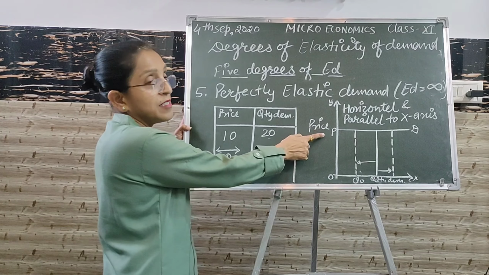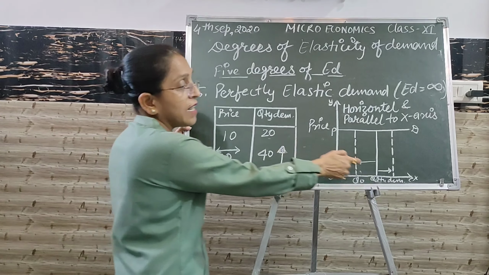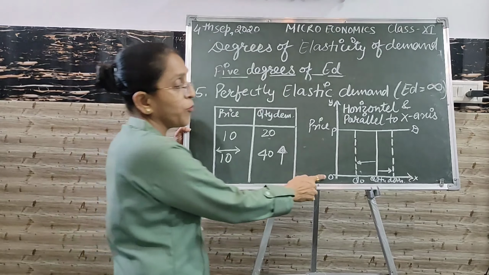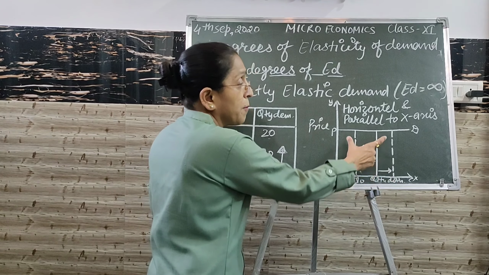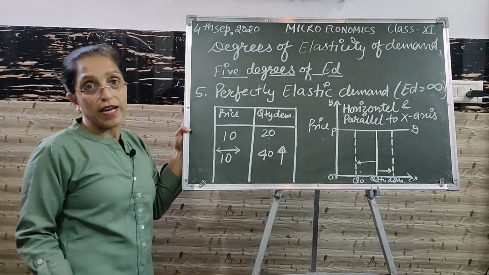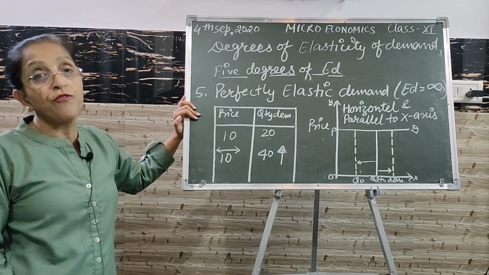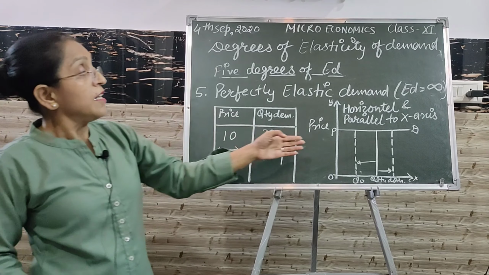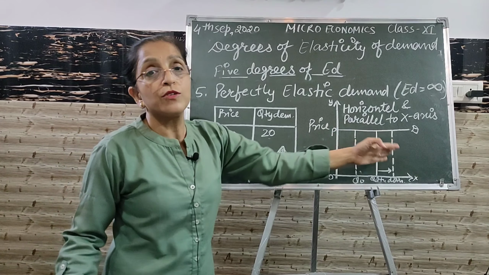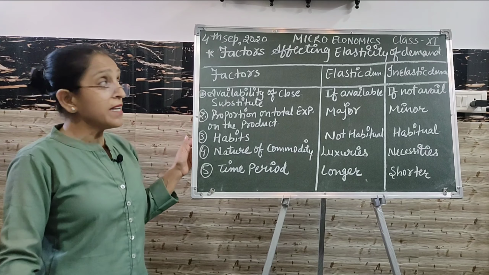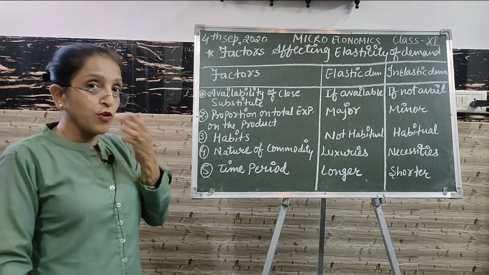If the price remains the same, that is OP, the consumer may increase the quantity demanded from OQ to OQ1, but the demand curve doesn't change. It is a hypothetical situation of your life when you will get the demand curve horizontal and parallel to the x-axis.